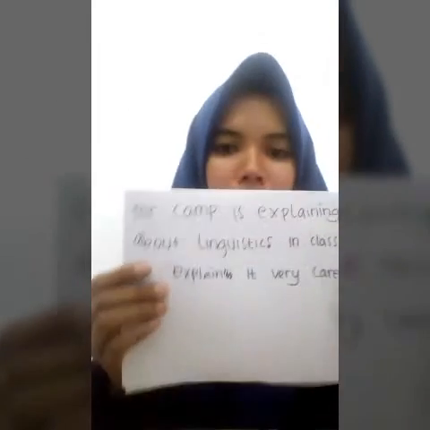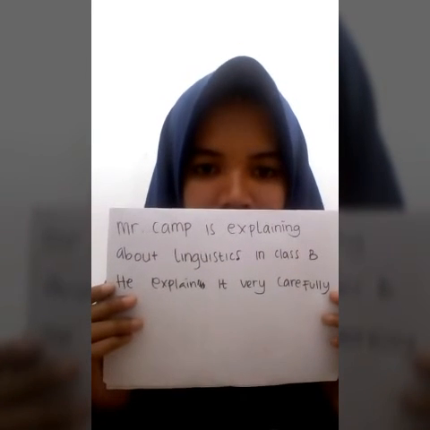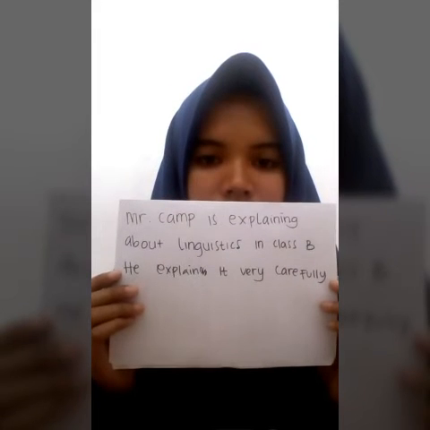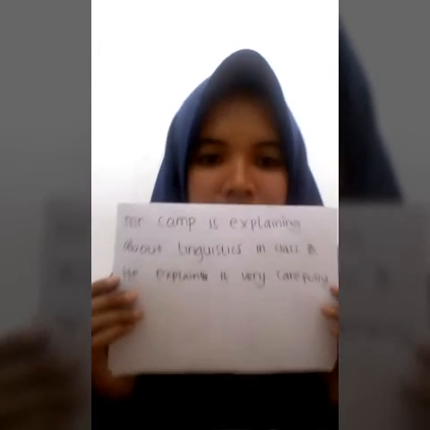I will give you some examples for anaphora because I think anaphora is difficult. I have some examples on my paper. Wait a moment. Like this: Mr. Kram is explaining about linguistics in class B. He explained it very gravely.